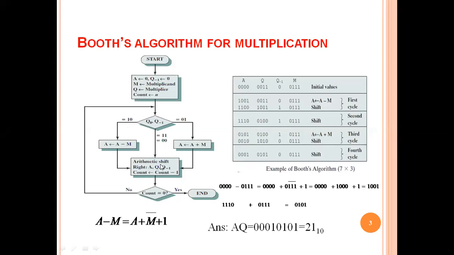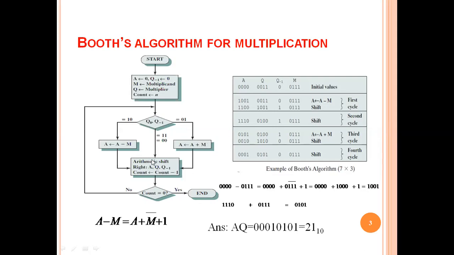What is arithmetic right shift? I will tell in the example. Then we have to decrement the count. If count is not 0, we'll again go here. Now here, if Q0 is 0 and Q minus 1 is 1, then you have to do A is equal to A plus M. That means the value of the accumulator will be the accumulator plus the multiplicand, because M stores the multiplicand.